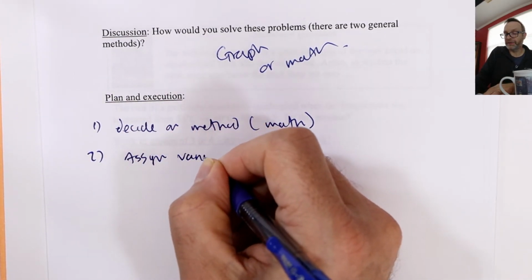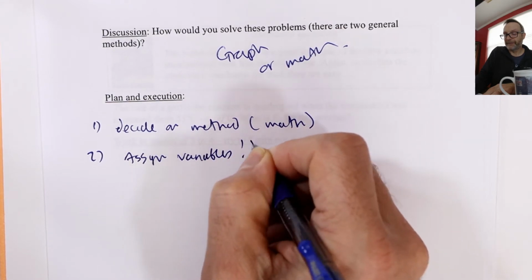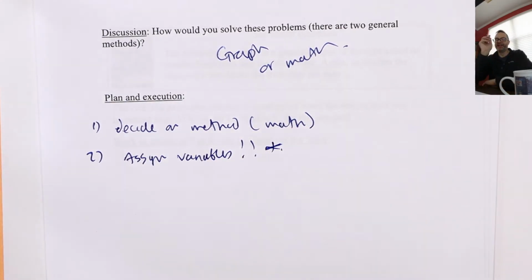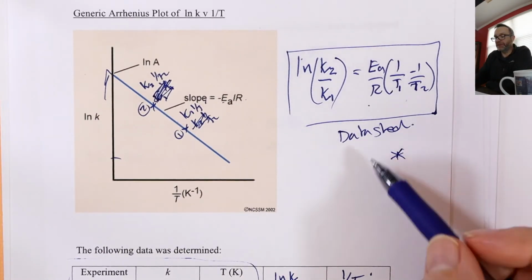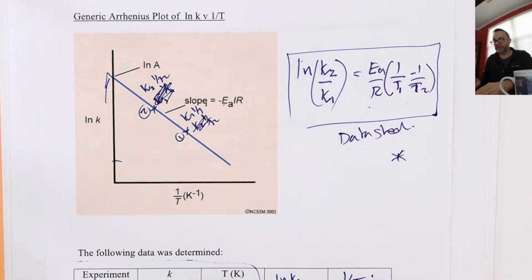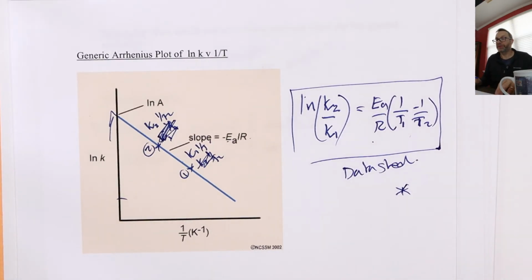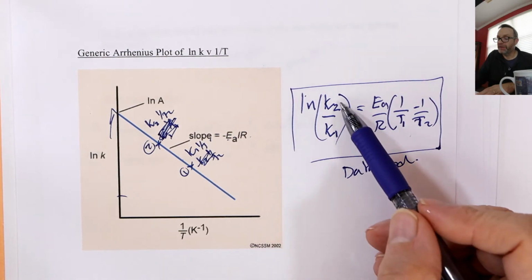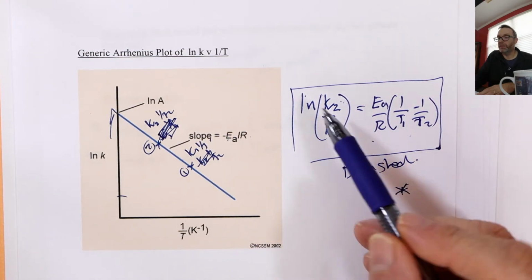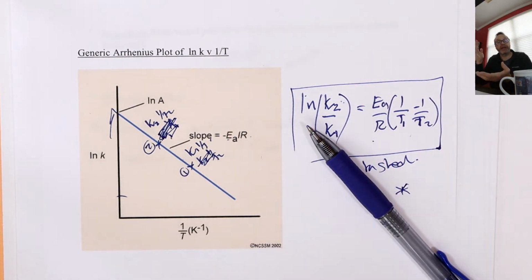Assign variables. The one downfall of this one is if you use it, you've got to keep straight which are the bigger numbers and the smaller numbers. Now, if you think about it, when we have this fraction K2 over K1, we always want that to be a number greater than 1, don't we?